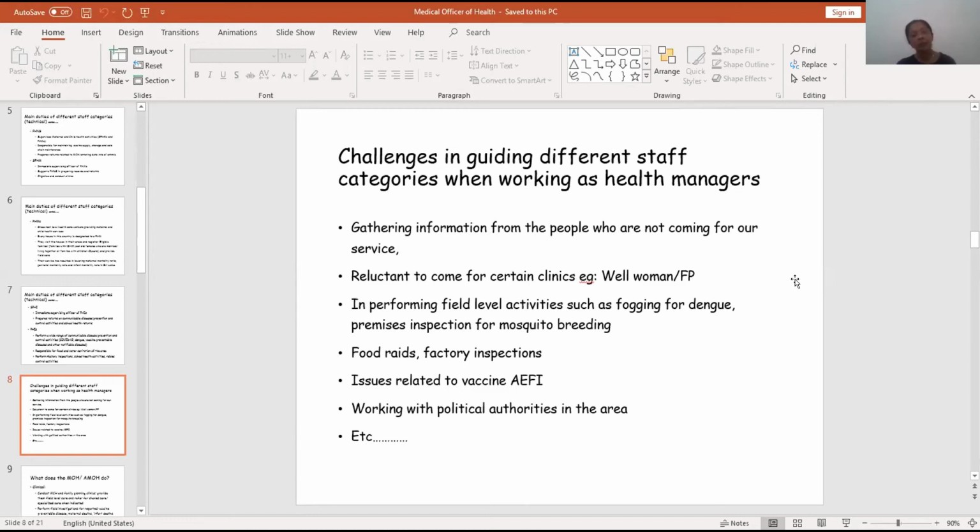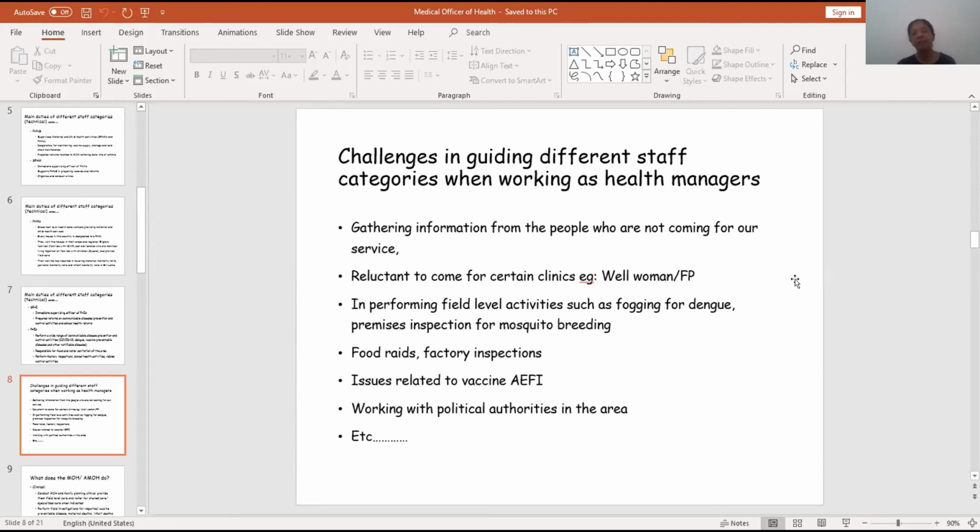Then certain groups don't come for our clinics, like the women in family planning clinics. They are reluctant to come for those clinics. It's another problem. In performing field level activities such as fogging and premise inspection, it's another thing. Because during daytime, people are not available in the houses, so it's very difficult to go for premise inspection and fogging. There are influences, because as technical people, we have to do fogging according to need.